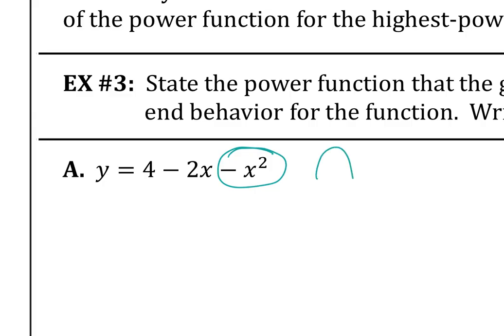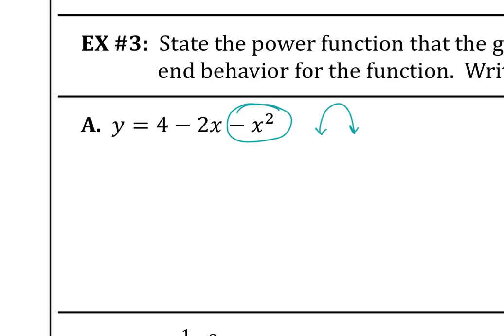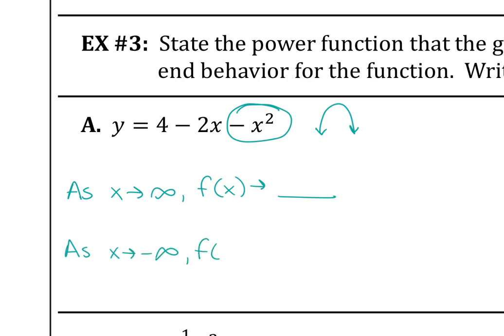So the graph is going to go down like this. And how we write end behavior, we say as x is approaching infinity, f of x is approaching blank. As x is approaching negative infinity, f of x is approaching blank.